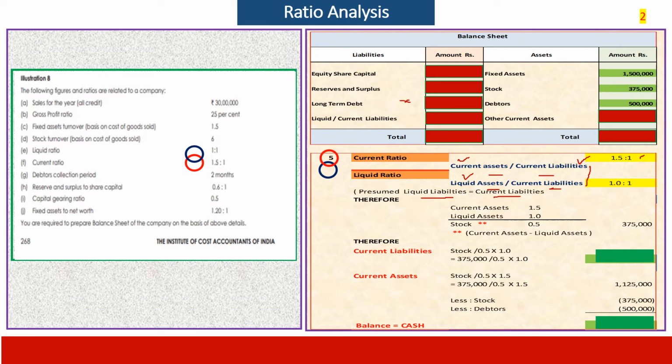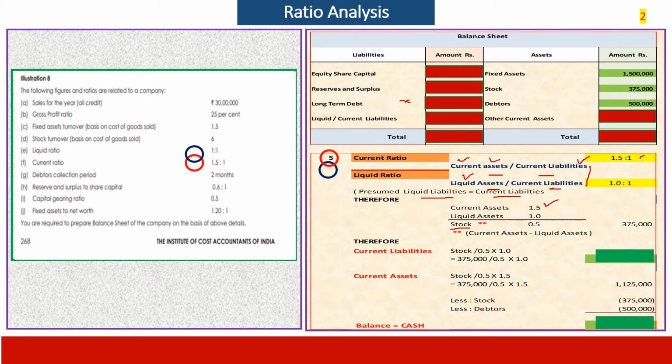What is the difference between the two? If we deduct liquid assets from current assets, we get stock. Because out of current assets, when you exclude stock, we get liquid assets. Therefore, as per the current ratio, what is the proportion of current assets compared to current liabilities? It is 1.5.